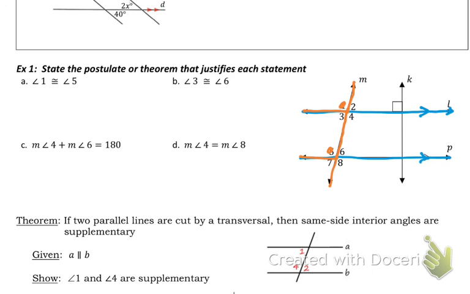I can see the transversal, this one M. My lines are L and P. I'm not asking you for that, but you should still know what your transversal is and what your lines are. Okay, what type of angles are those? They're corresponding angles. So can someone raise your hand and tell me the postulate or theorem that says those must be congruent? John Keaton? The corresponding angle postulate. That's it. That's all we're asking for in this section.